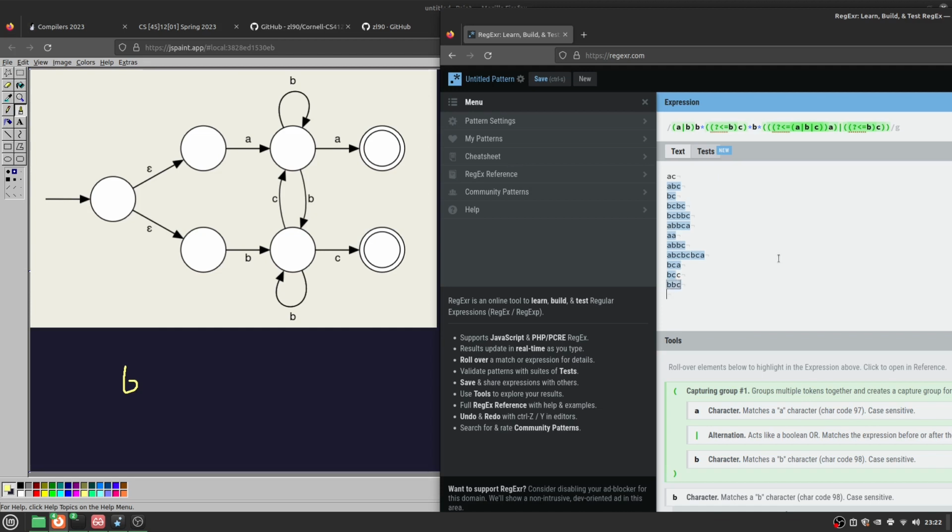BBC valid. A, B, C should be invalid, right? A, B, C. Ah, damn it. Oh no, ABC is valid. ABC is totally valid. AB should be invalid. Nice.